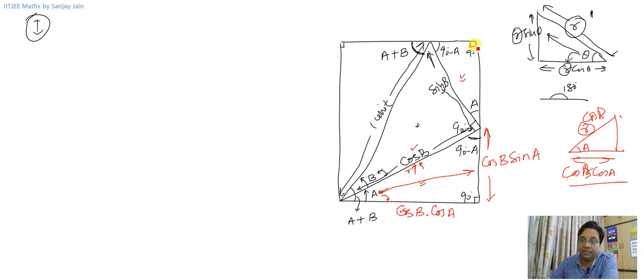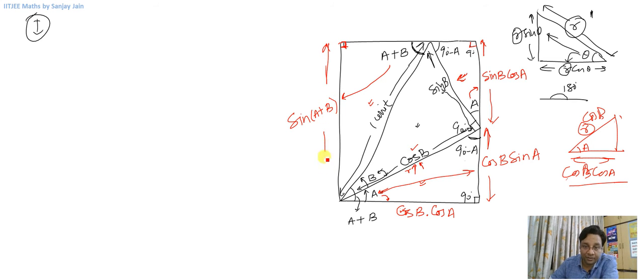Now think about this triangle here. This is also a right angle triangle. Now the hypotenuse in this triangle is sin B. So this angle being A, the adjacent side will be sin B cos A, right? I hope you are finding these very simple, because I am not telling anything that is difficult here. Now this angle is 90 degrees, and this side is 1 unit. The side opposite to A plus B, this angle, will be sin(A+B), right?